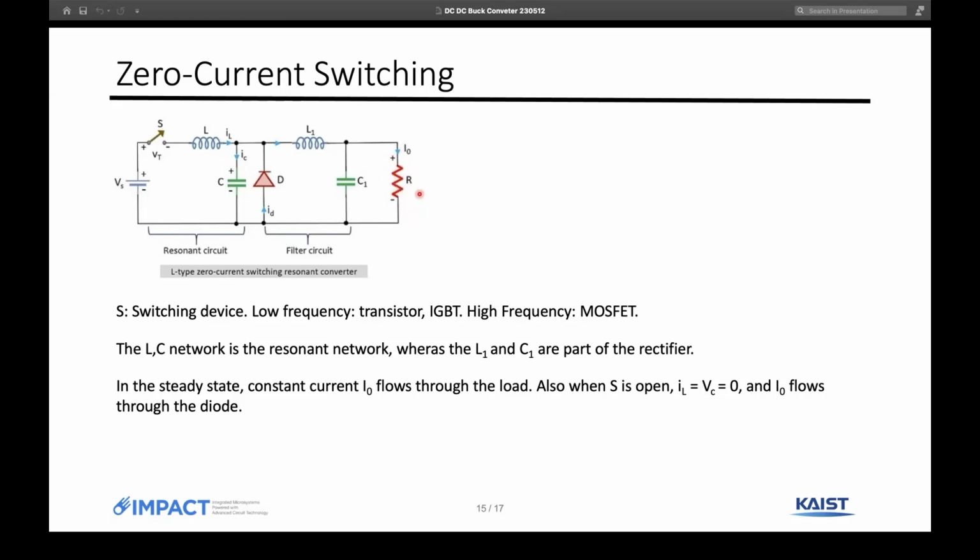So we can compare this to a current source because the current is not changing. Especially when this S is open, this part of the circuit is basically gone, and this D actually has a current of I naught flowing through it. So ID then becomes I naught when the switch is open.